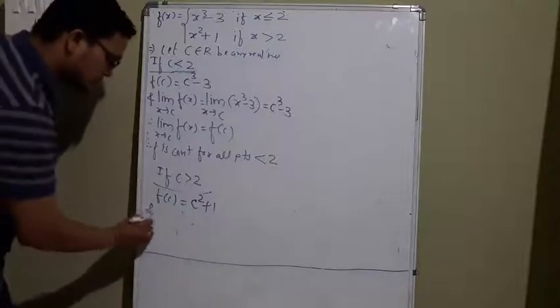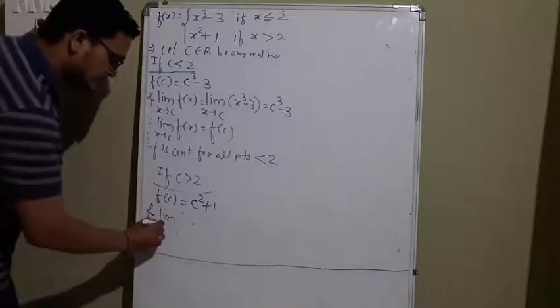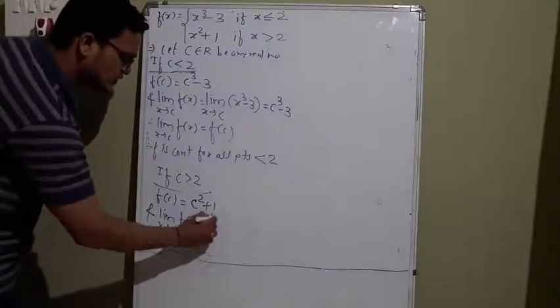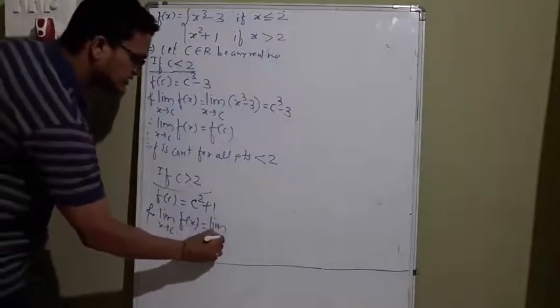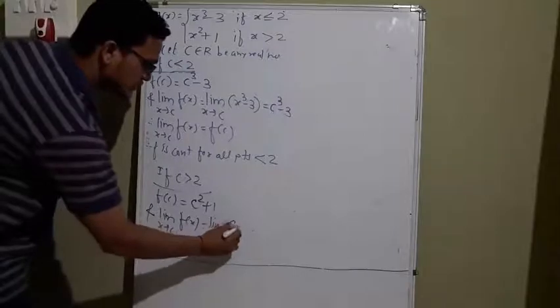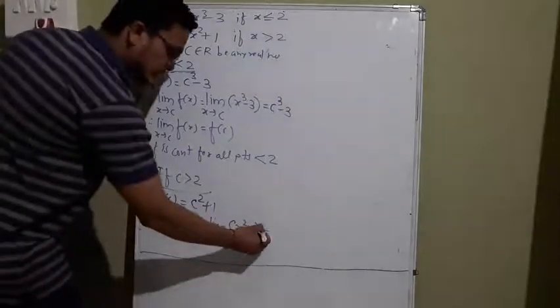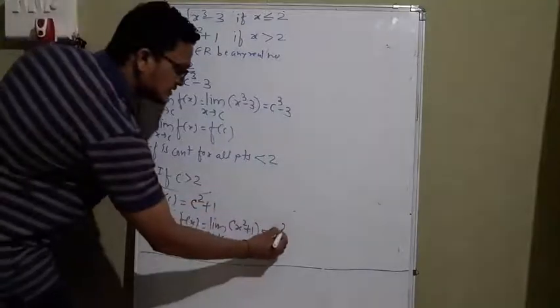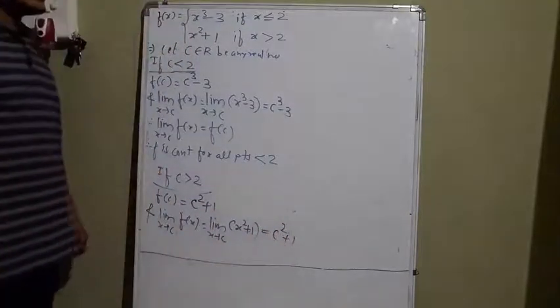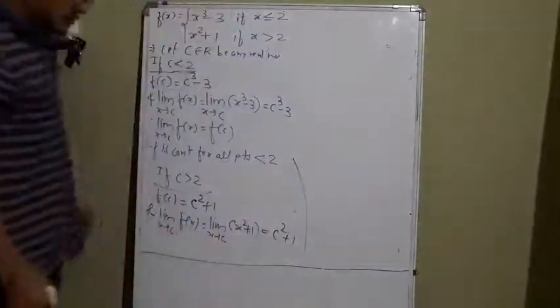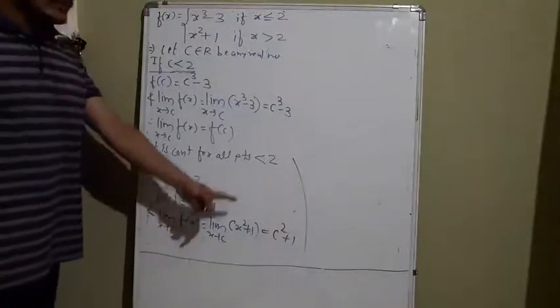Now you have to check one more definition, that is limit x tends to c, f of x is equal to limit x tends to c, for greater than 2 function is what? x square plus 1. Now put the limit x tends to c, so answer is c square plus 1. Okay. So therefore if you observe, f of c and limit value are the same.